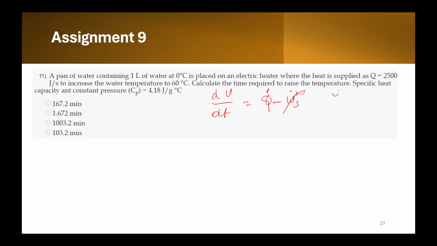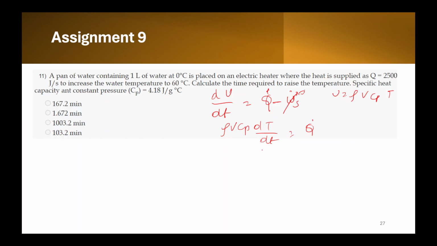Also, you can write U as rho V Cp T. And volume is constant here, rho is constant here. T is not constant here.